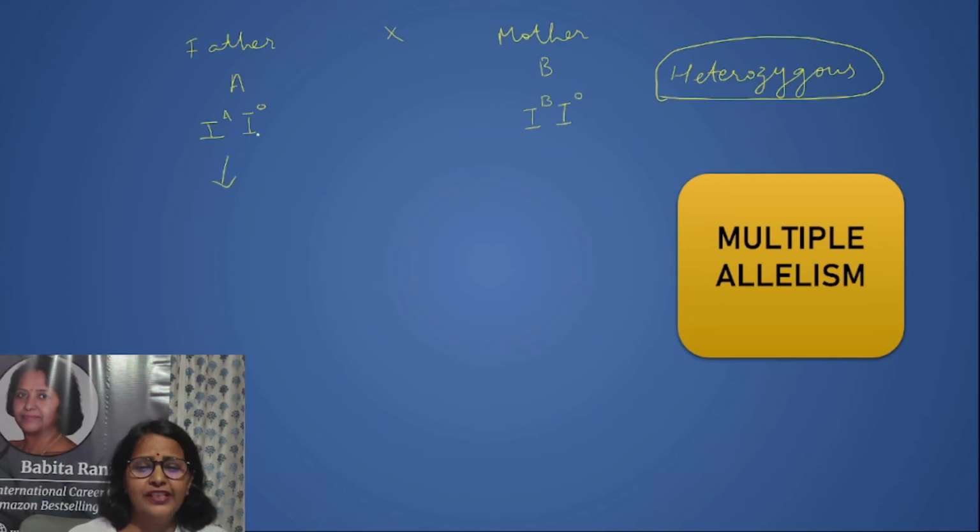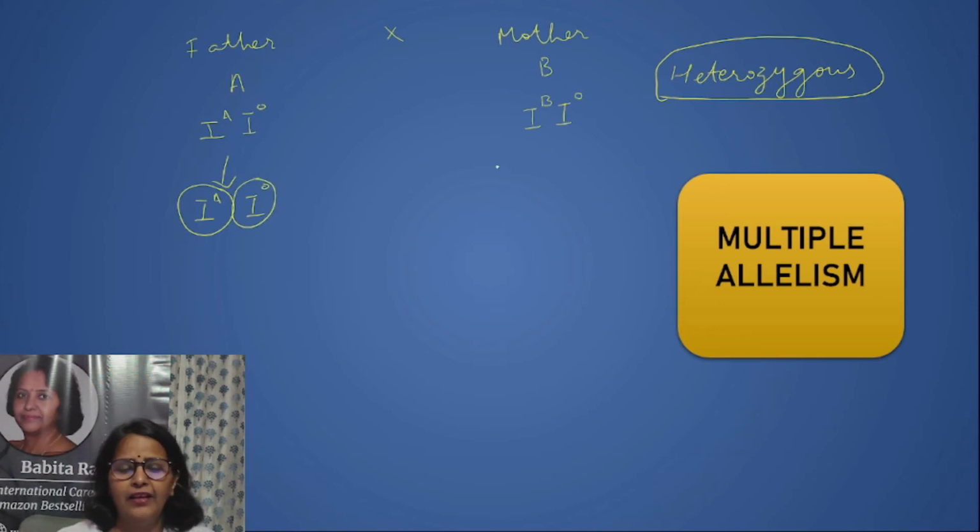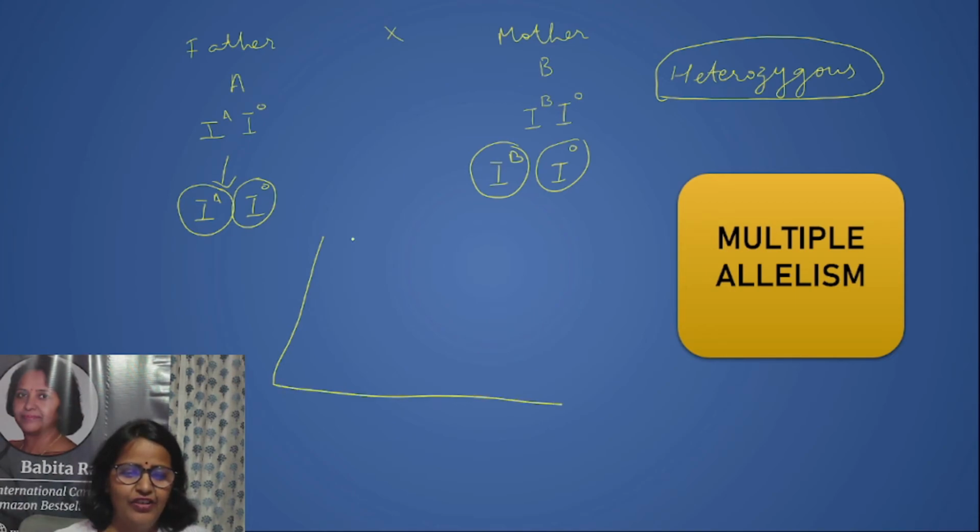Because it is heterozygous, 2 gametes will be formed, IA and IO. Here also we will have 2, IB and IO. If we draw a Punnett square, I always draw it.